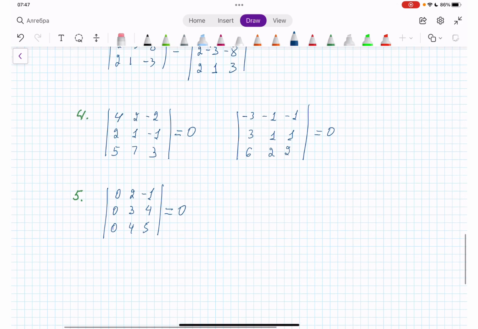I can show you real quick, because it's going to be 0 everywhere in the multiplier.